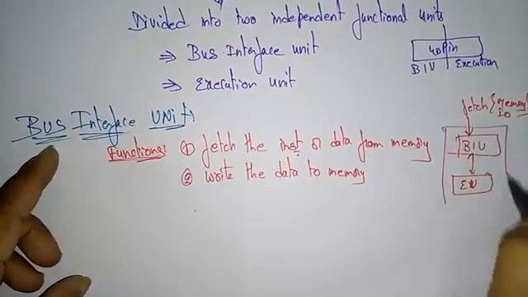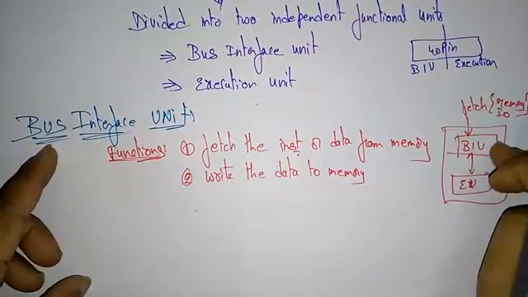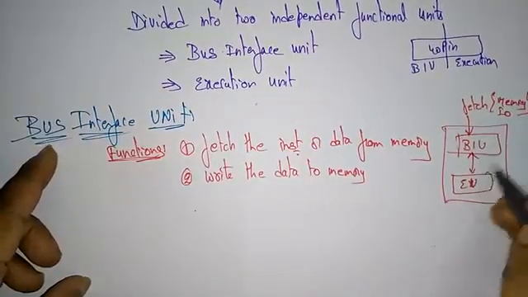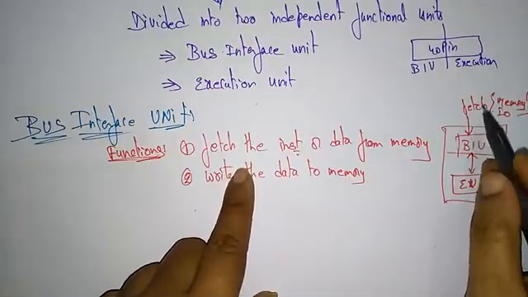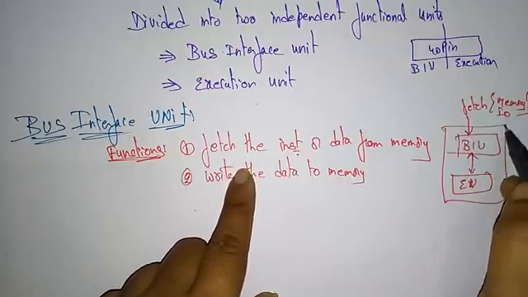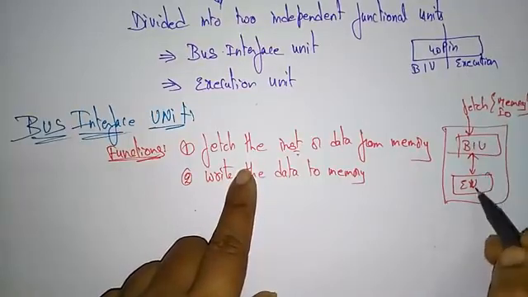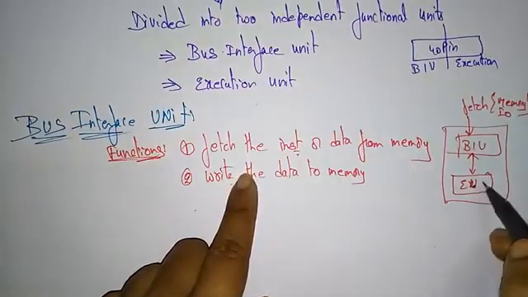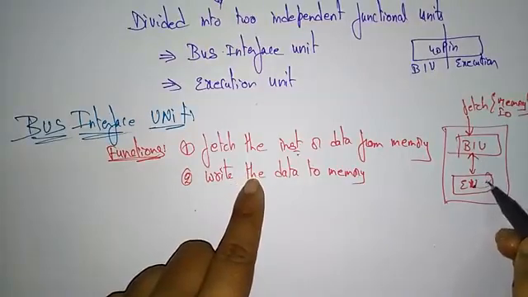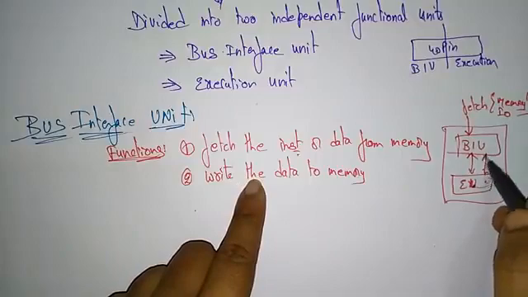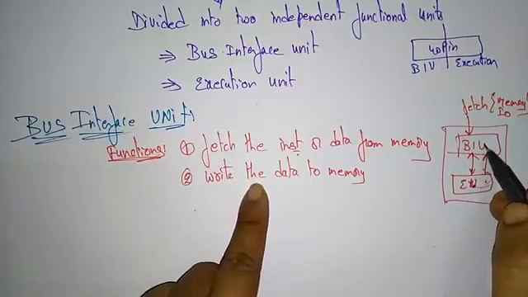This is completely inside the processor. The processor is divided into the bus interface unit and the execution unit. First the bus interface unit fetches the data from memory and IO and sends that data to the execution unit. After that, the execution unit performs some operation and sends the result to the bus interface unit.